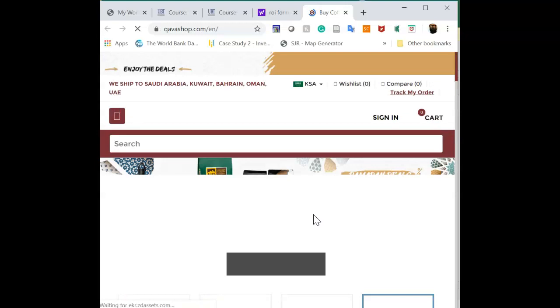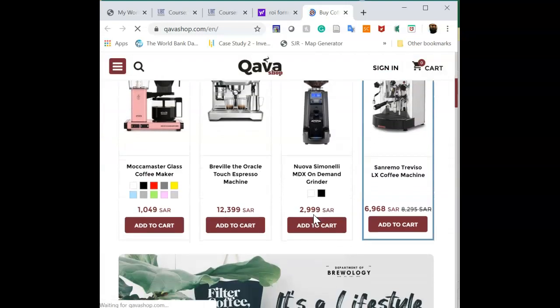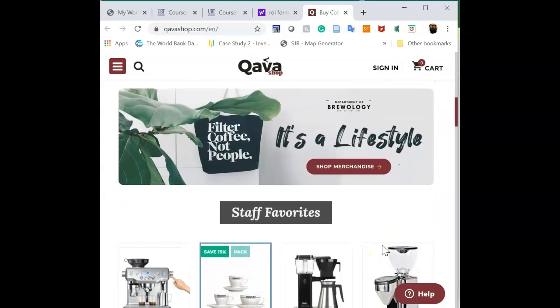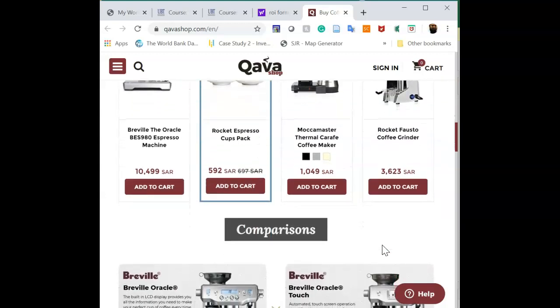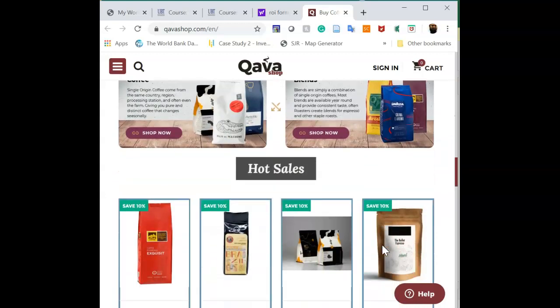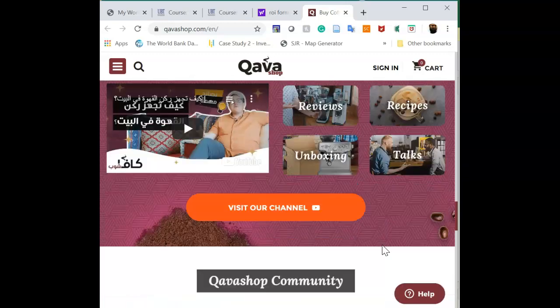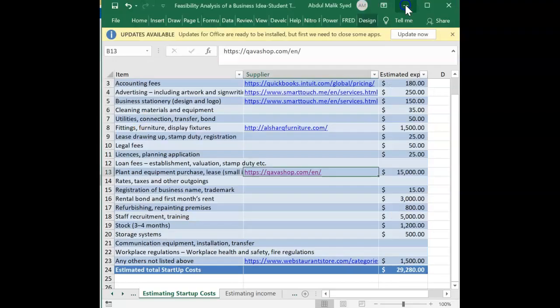So you can get all kinds of machines. The price of the machine is given. And it's a good time to start because they are giving some kind of discounts because of the tough times. So this is what you can do.